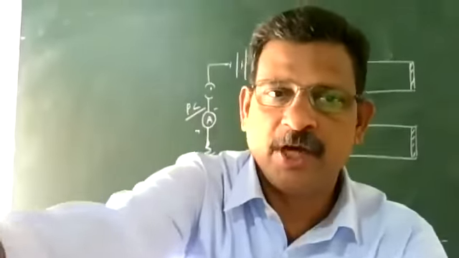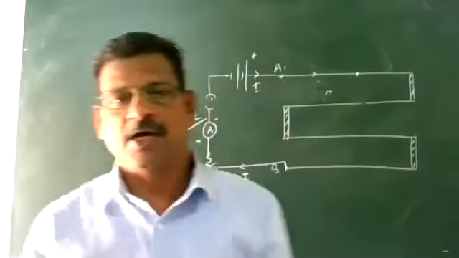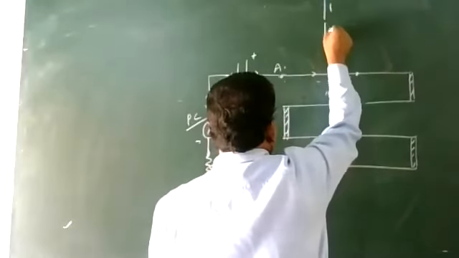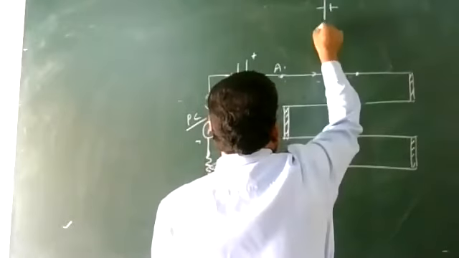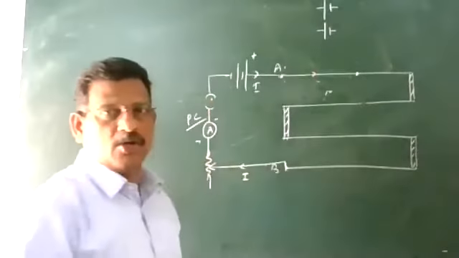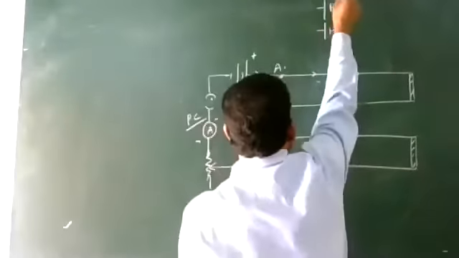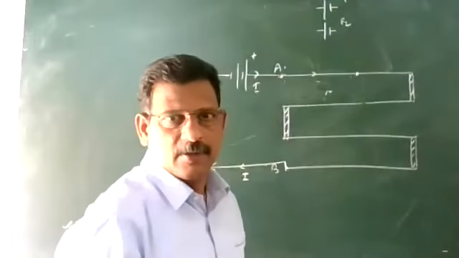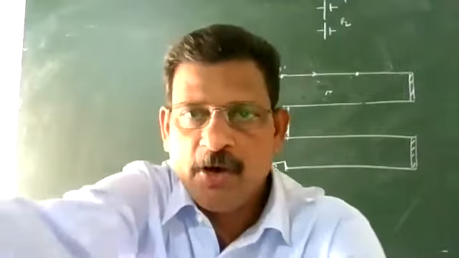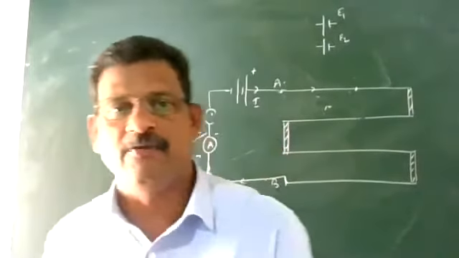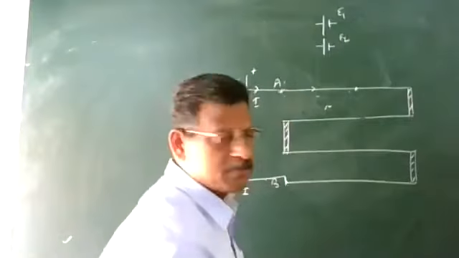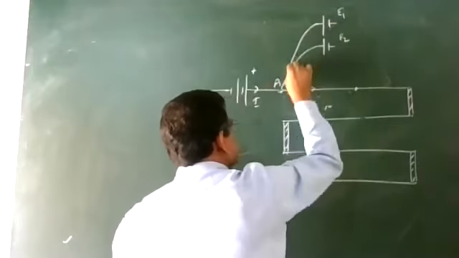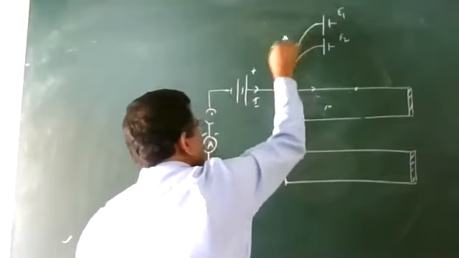We take these two cells and arrange them here: first cell of EMF E1 and second cell of EMF E2. The positives of these two cells are connected to the point A where the positive of the battery is connected. All positives are connected to the same point, which is very important, star mark.